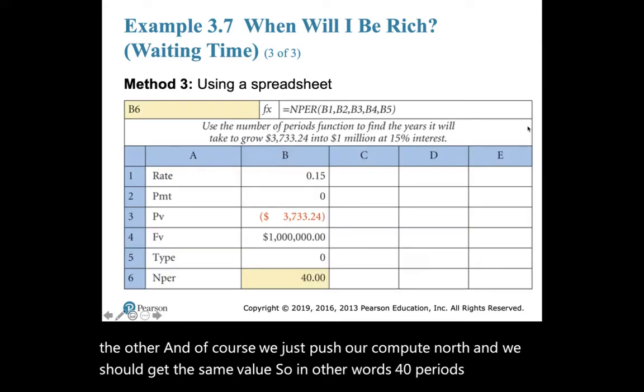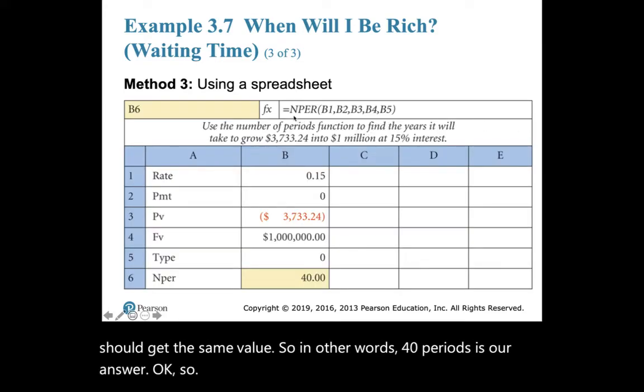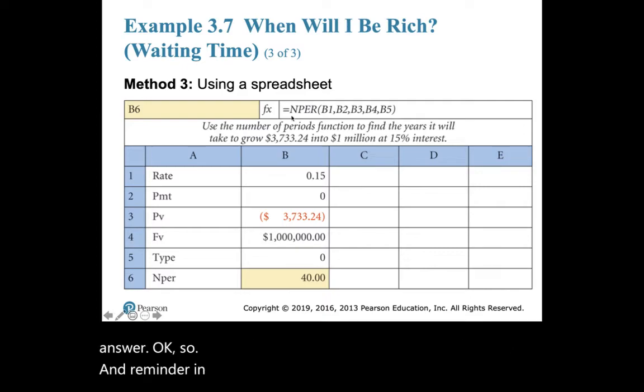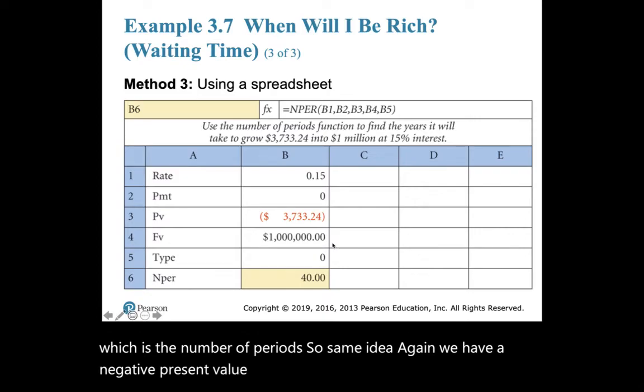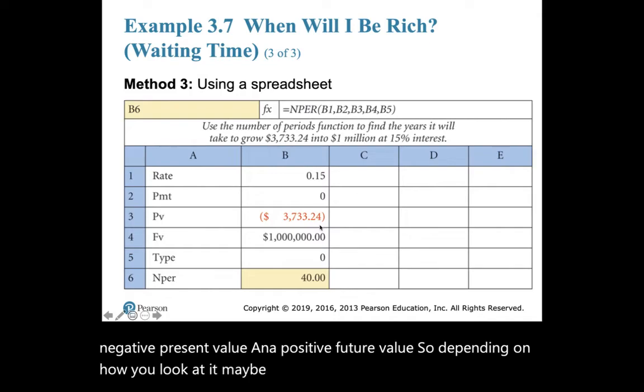Okay, and reminder, in the spreadsheet or Excel, we can use the NPER, which is the number of periods. So same idea. Again, we have a negative present value and a positive future value. So depending on how you look at it, maybe you want to invest that 3,000 and you expect a payout of 1 million.